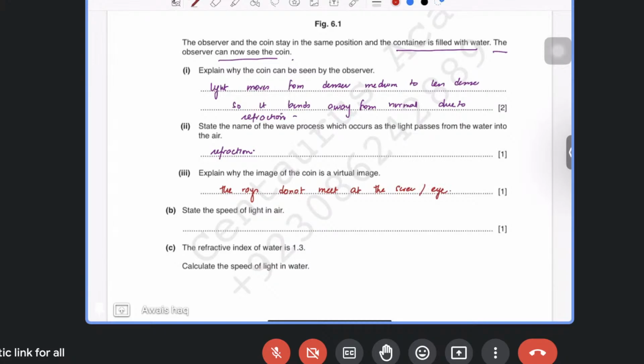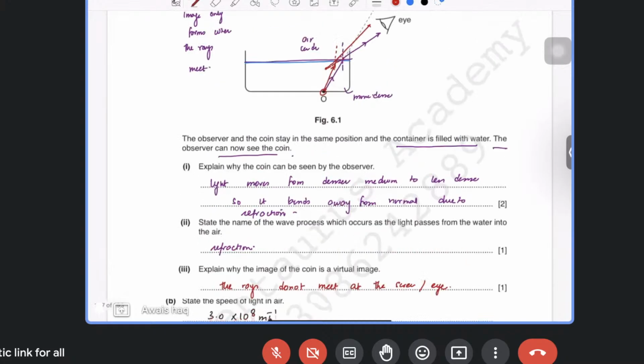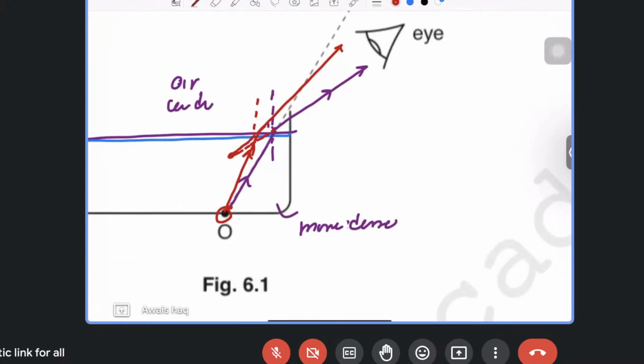Then it says state the speed of air, which is 3.0 times 10 raised to 8 meters per second. Now, this concept that I've just told you, they're not going to ask you this, but you should remember that the coin was here and the coin seemed here, which means this is the apparent depth.